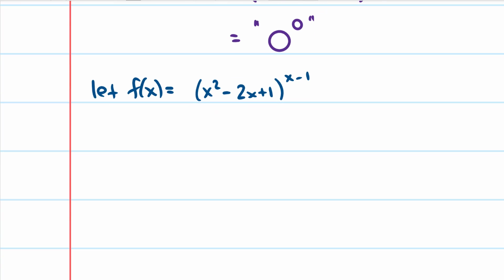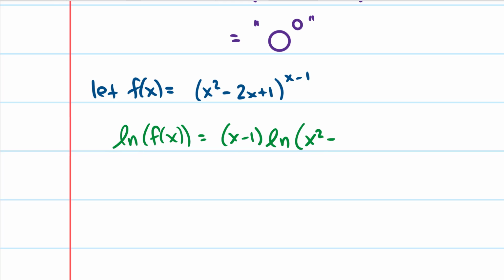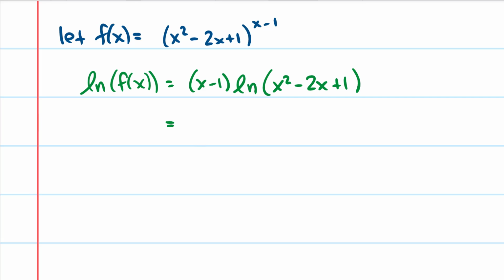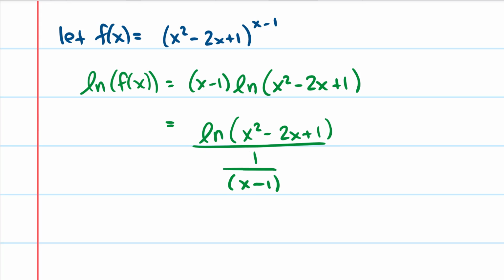We're going to take the ln of both sides. So we get ln of f of x is equal to x minus 1 times ln of x squared minus 2x plus 1. If we want to rewrite this as a fraction, this is ln of x squared minus 2x plus 1, all divided by 1 over x minus 1. Basically, we're taking this x minus 1 and flipping it to put it in the denominator.